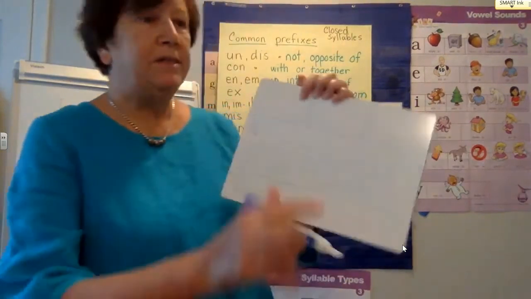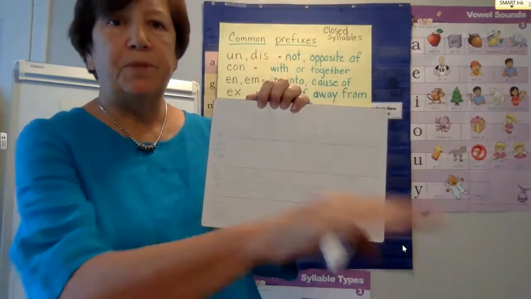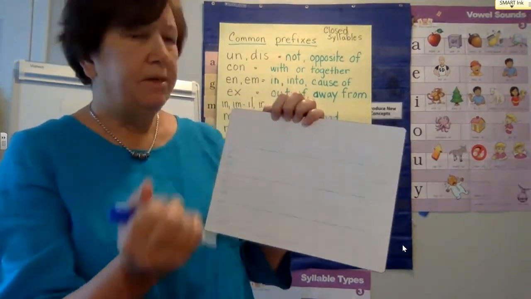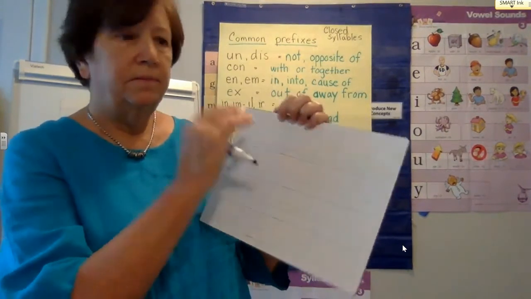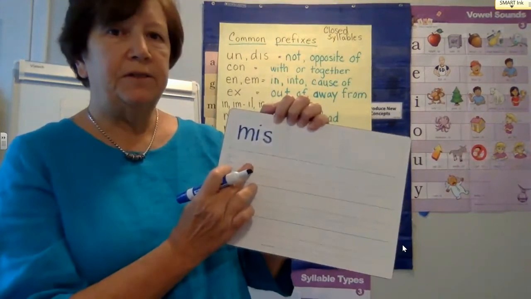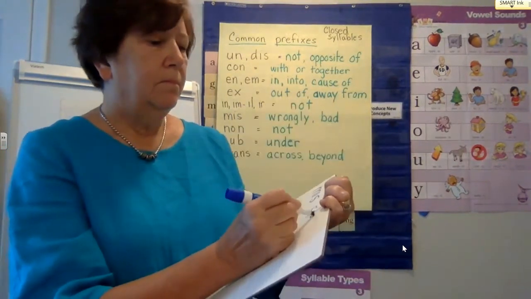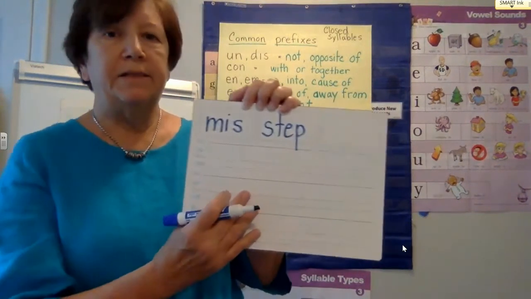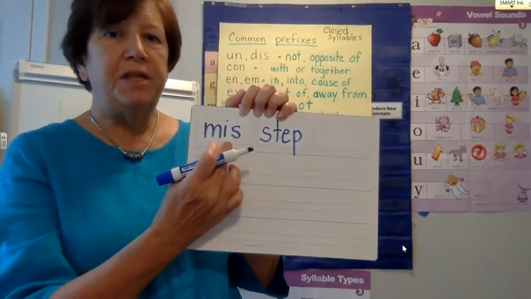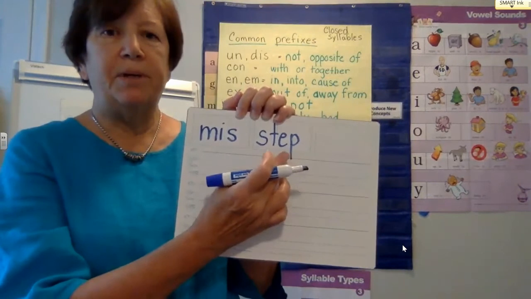So let's break down misstep. Mis, step. Touch each of your boxes or touch something on the table in front of you to break it down. Mis, that's right, M-I-S is our prefix. Step. S-T-E-P. All right, good. So we don't need the extra S over here. The S here is part of this word, step.